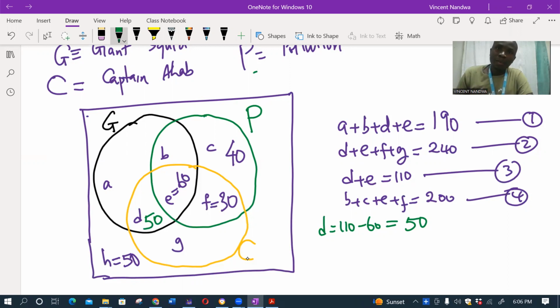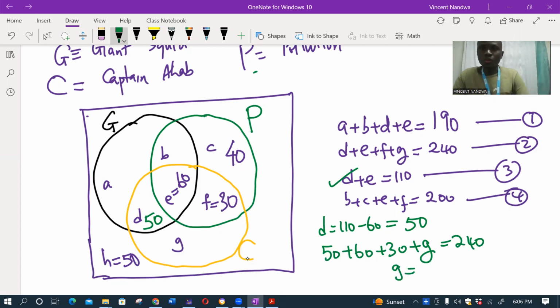Now, we have done with this equation. If we take D plus E plus F, then we get 50 plus 60 plus 30. If I add G, then I should get 240. So G will be 240 minus 50 minus 60 minus 30, which will be 100.